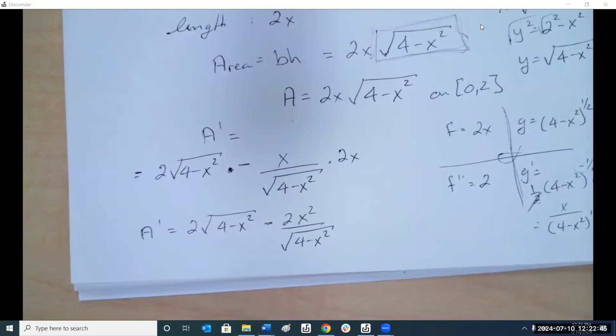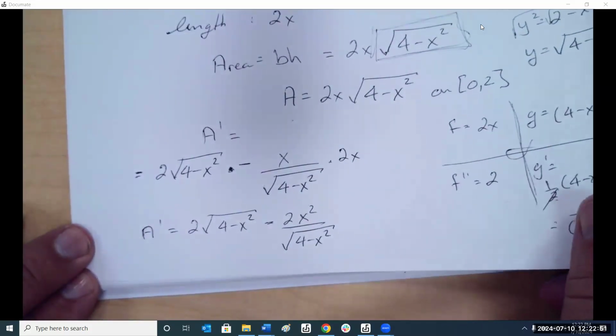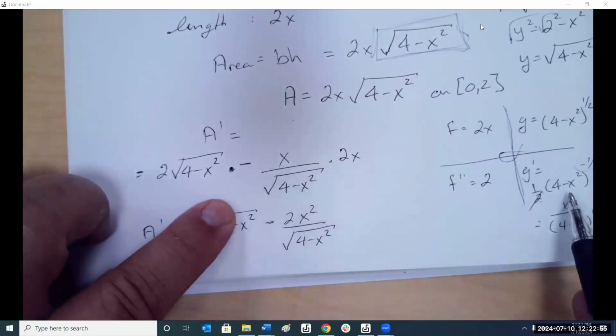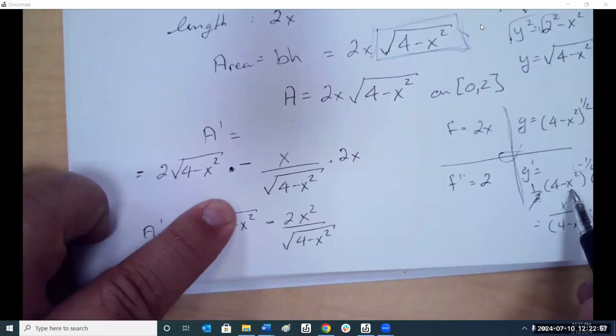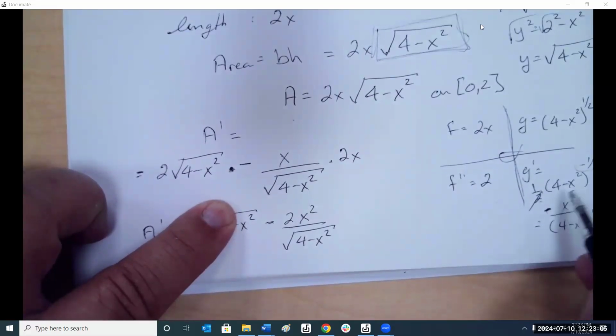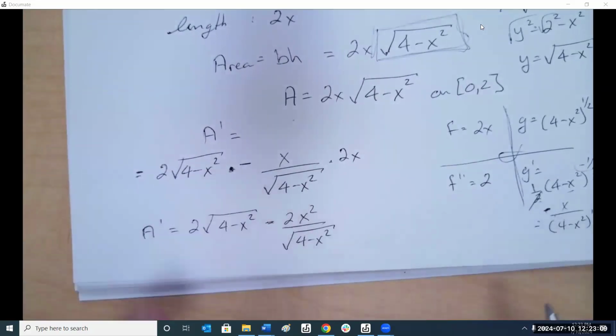So far, so good? Now, why is it minus? Because the derivative of the inside here was -2x. So this one became negative. So negative times positive is a negative, there.